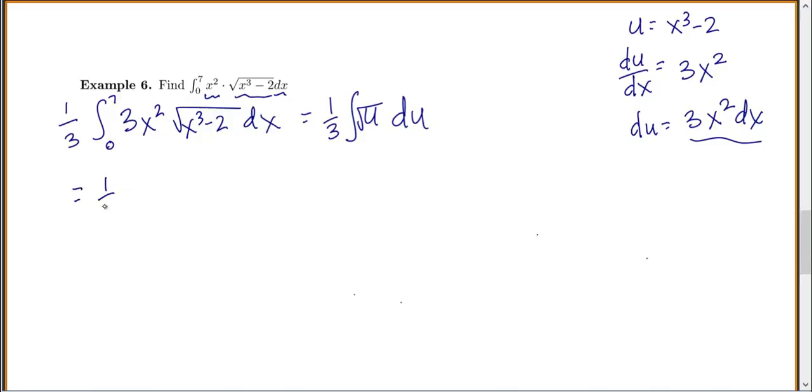Or this is 1/3 times the integral of u to the 1/2 du. So this is 1/3 times, we're going to have u to the 3/2 divided by 3/2. We would normally do plus c, but since we are evaluating at the very end, we could skip it, or you can go ahead and put it in.